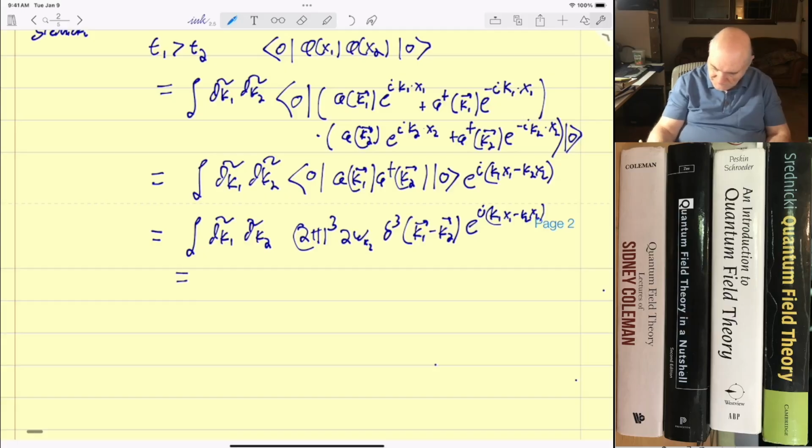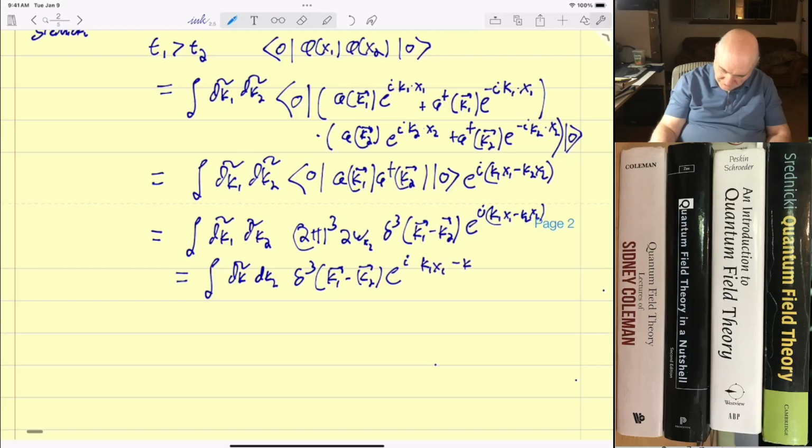Well, this 2 pi cubed 2 omega k2 kills the relativistic part of the dk2. So this just becomes the integral of d tilde k1 dk2 delta 3 of k1 minus k2 e to the i k1 x1 minus k2 x2.